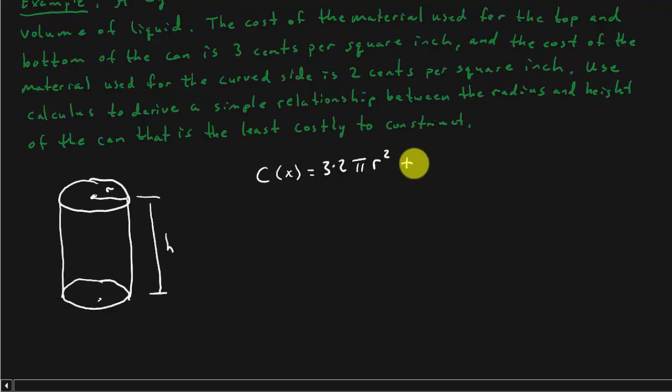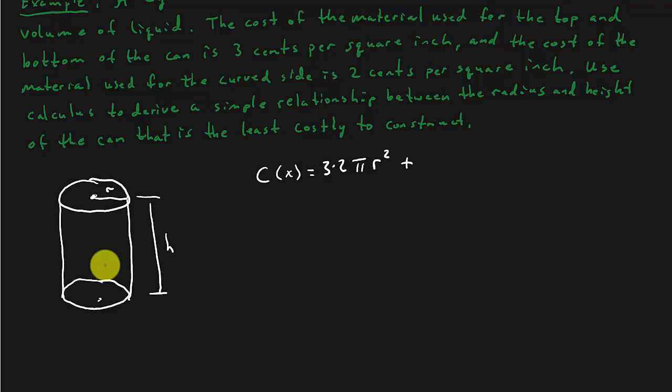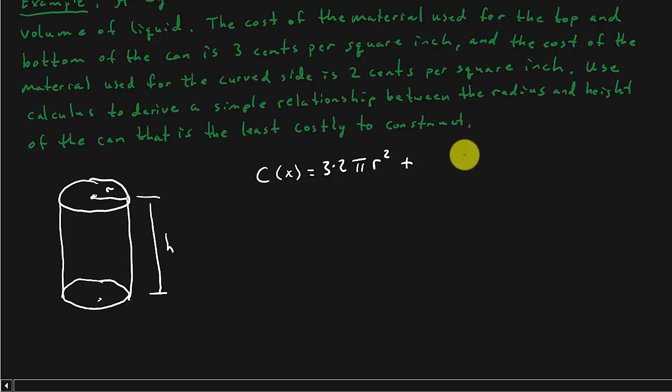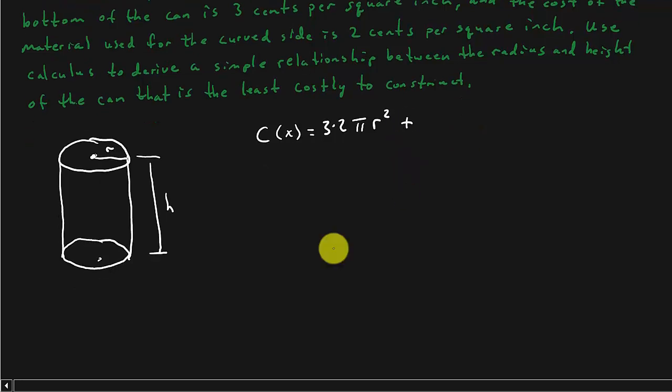And then we have plus now the cylinder. Well, what's the surface area of that cylinder? So if you remember, if you have a circular cylinder, let's just draw it over here so I don't mess up my original drawing.